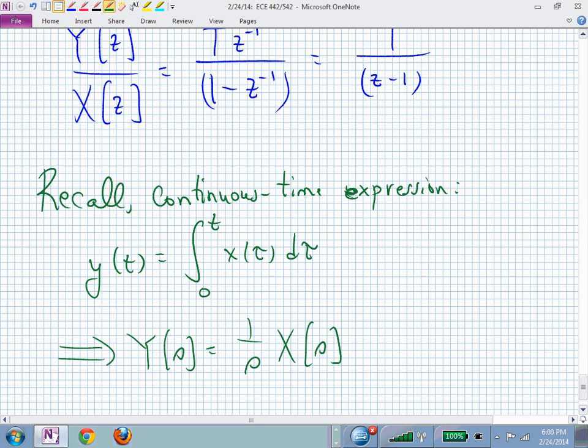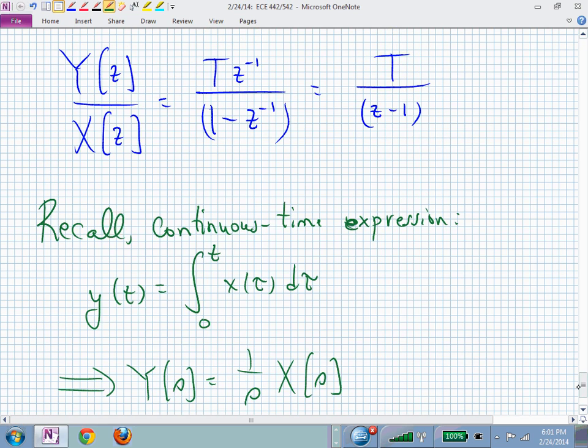Now we have a way of comparing s and z. This is what happens in the s domain. That's what happens, whoops, that's a T, not a 1 up there, if you're trying to see what's going on. We have T over z minus 1 in the z domain, and that's our correlation between the s and the z.